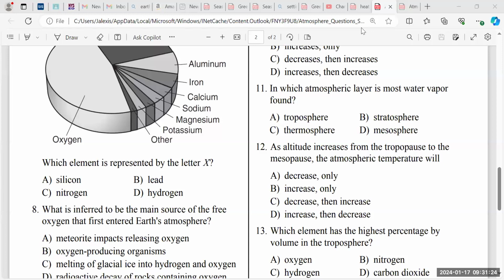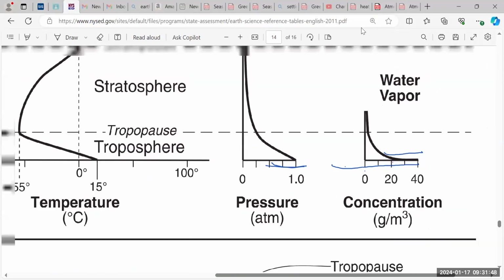All right, number 12. As altitude increases from the tropopause to the mesopause, the atmospheric temperature will do what? So I'm going to go to page 14, and I'm going to find the tropopause and the mesopause.